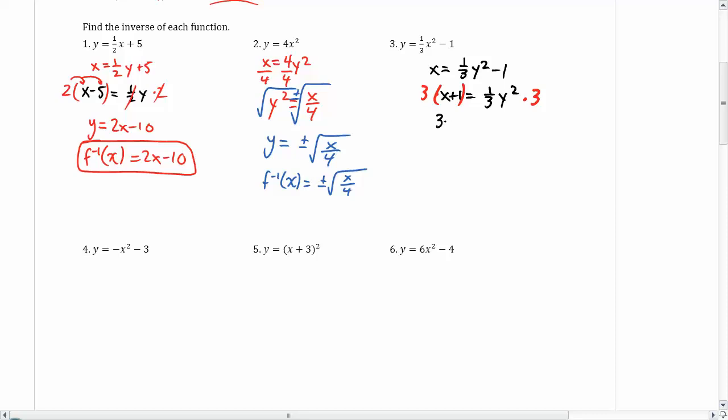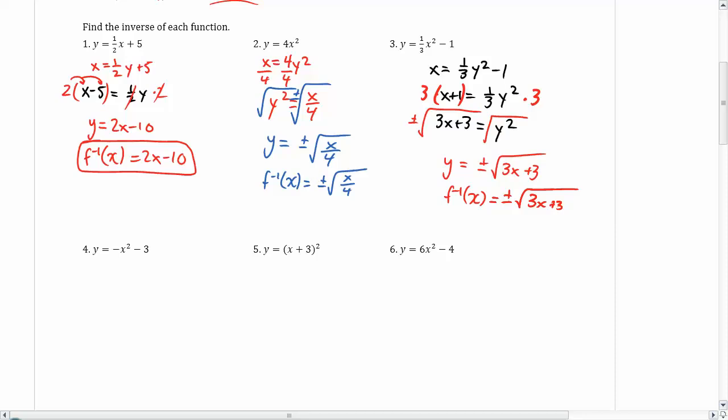So that's 3x plus 3 equals y squared. Take the square root of both sides. You need a plus or minus, and now I'm going to switch the sides. Y equals plus or minus the square root of 3x plus 3, which means the inverse f of x equals plus or minus the square root of 3x plus 3.